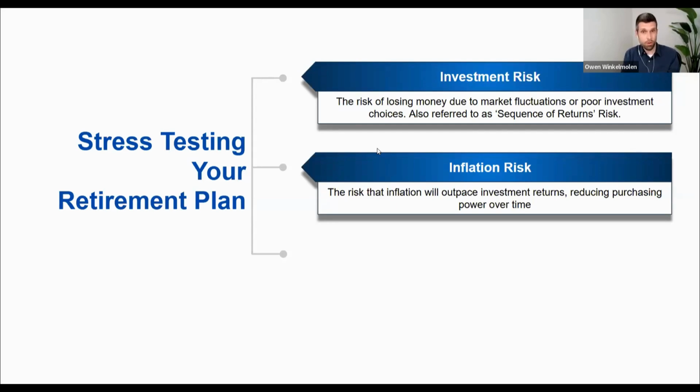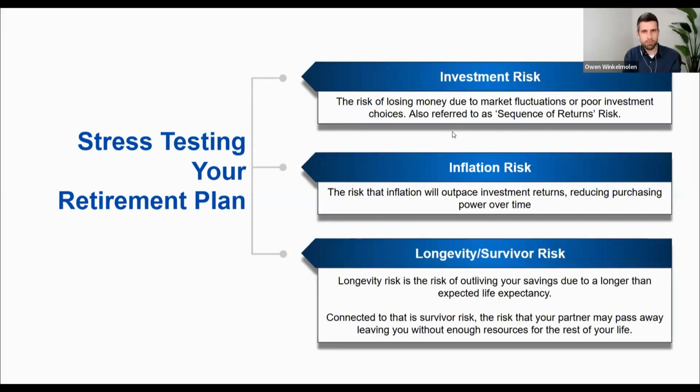Having negative or low real returns means that your investment income, your retirement income, reduces in purchasing power over time. You could have high nominal returns, but when you include inflation rates, your real returns could be quite low or even negative, and that could be a big risk as well.